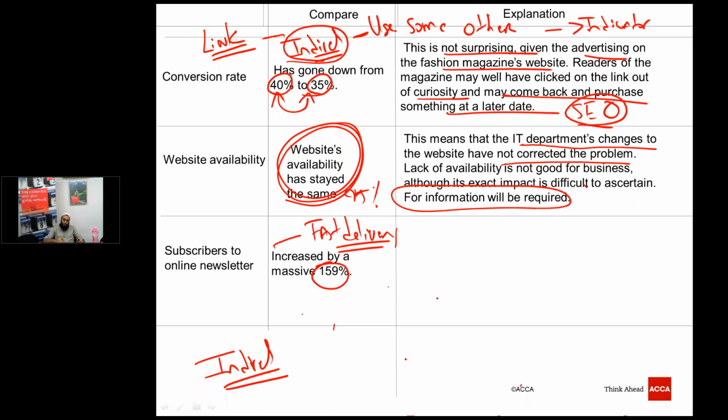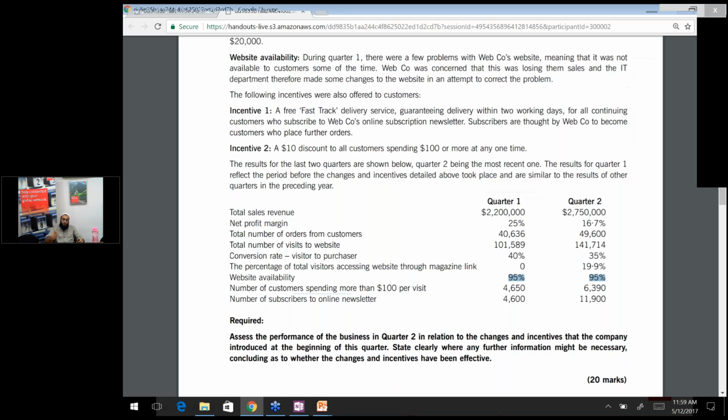Because my friends, if you have observed here, just have a look at the fast track delivery service. This is for all continuing customers, the ones who place further orders, and you do not have any information on how many came back. You don't have information on the people who placed further orders.